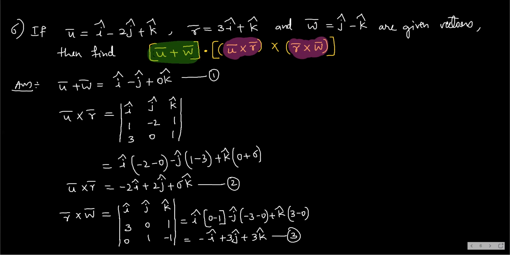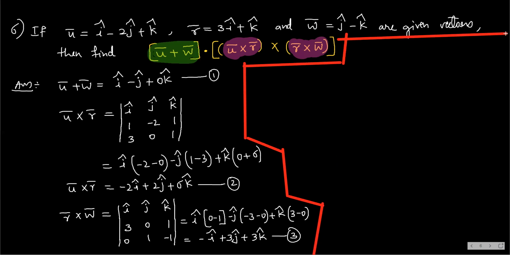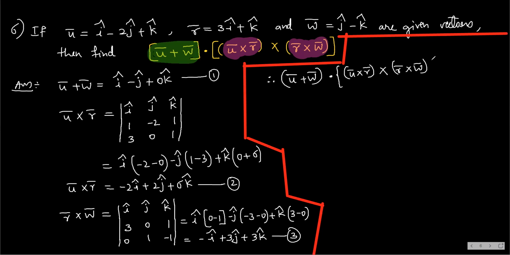Now I can find what I'm asked to find. So I get here, therefore, u bar plus w bar dot u bar cross r bar cross r bar cross w bar is equal to, what is it equal to?